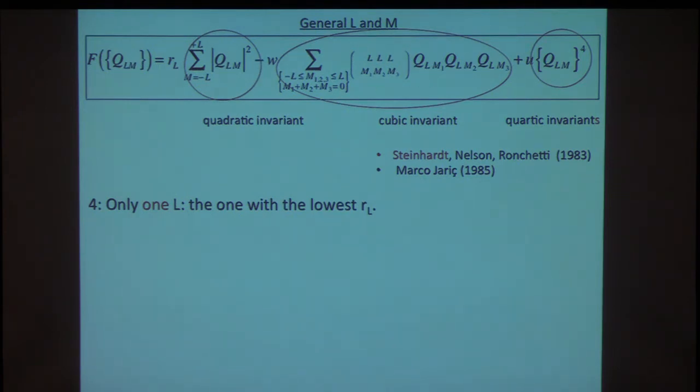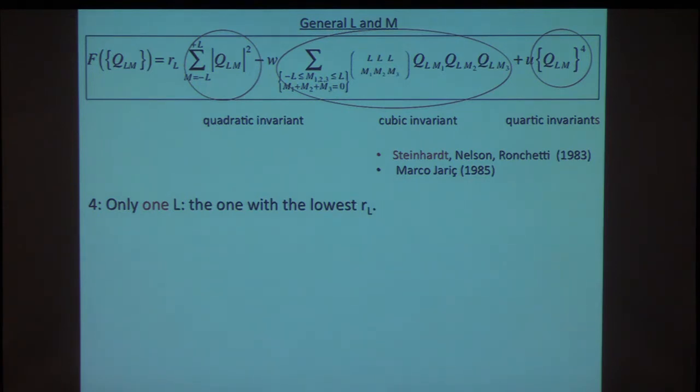In principle, it's more math because you have 2l+1 parameters, but with computers these days, not a big deal. Now we come to the fourth rule of Landau. He says you only need to worry about one l. And that is where this L equals 2, M equals 0 comes from. You have to worry about only one. Which one? Well, the one with the lowest R sub L.